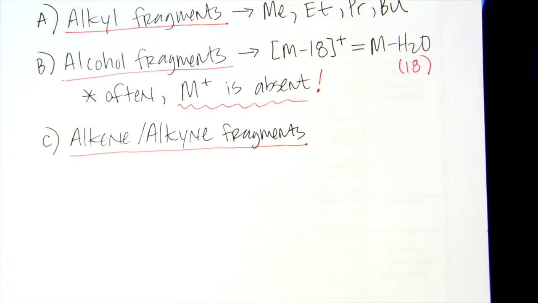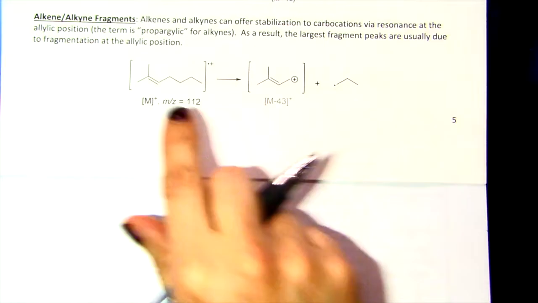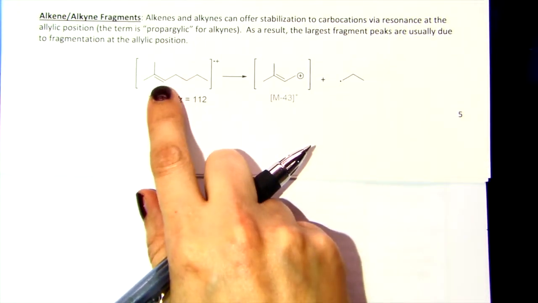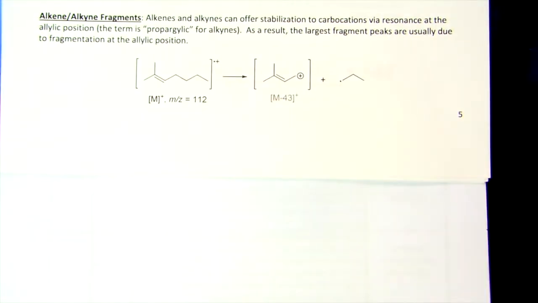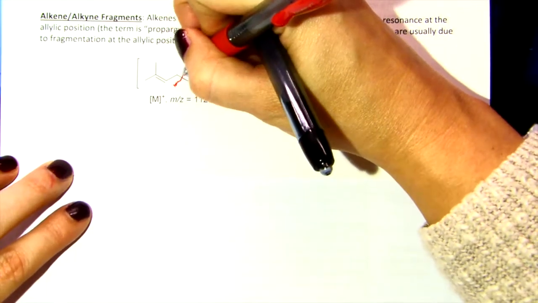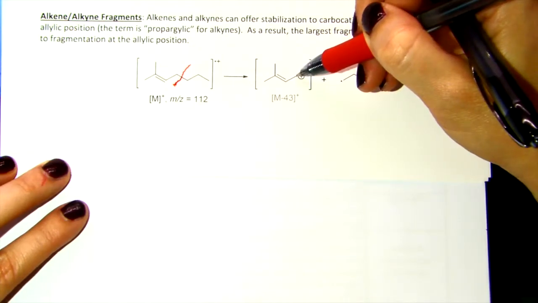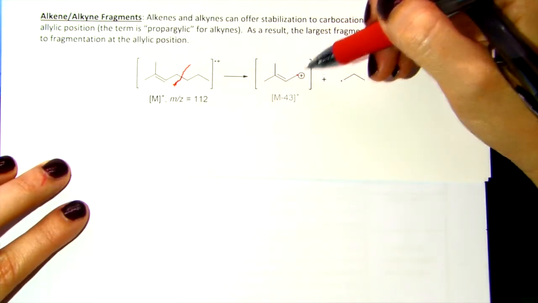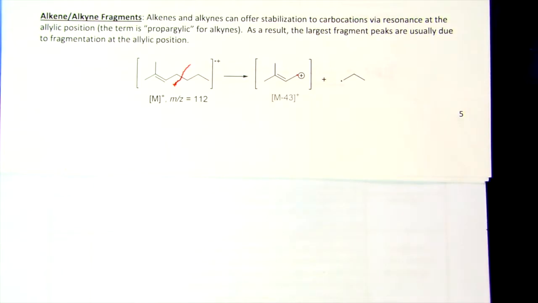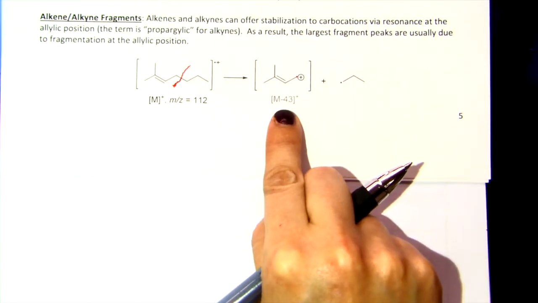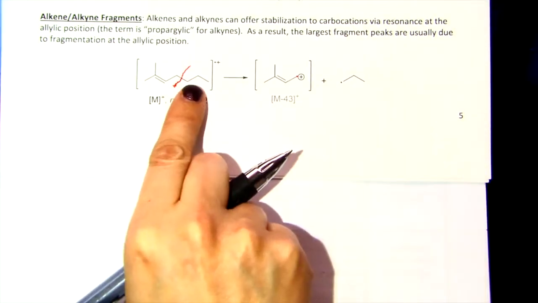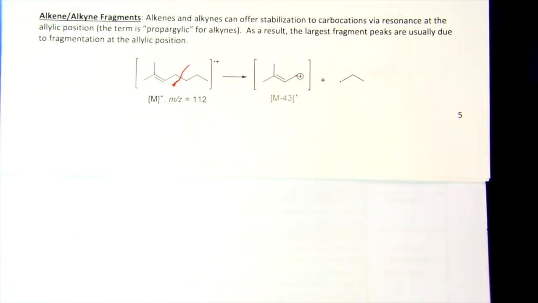And so they tend to fragment mostly at the position that will give you the fragment that's resonance stabilized. Again, example in your handout: if you have this guy with an alkene, it'll prefer to fragment here, because then you can put a cation here, which is resonance stabilized. So you would expect to see a pretty big peak at M minus 43 for this molecule, because you'd be cleaving off a propyl group to make that allyl cation.